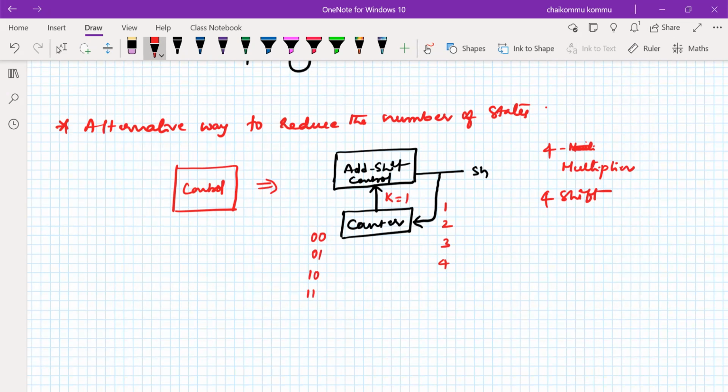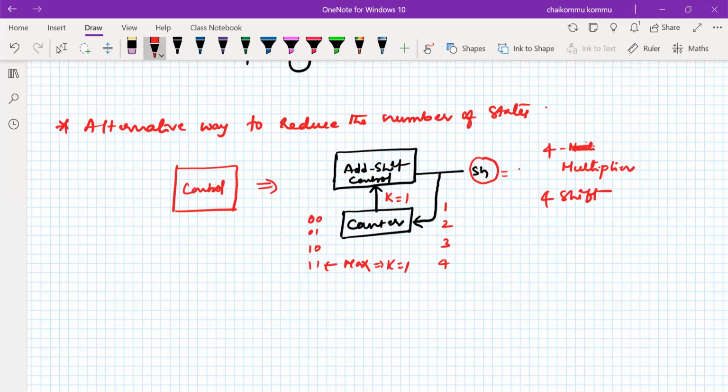Depending upon how many times the ST signal is active high, we have to give that information to the counter. Once it reaches the maximum value, it can stop the multiplication. So this information we are going to consider in order to reduce the number of states. Right? 0 0, 0 1, 1 0, 1 1. If maximum, then k is equal to 1.